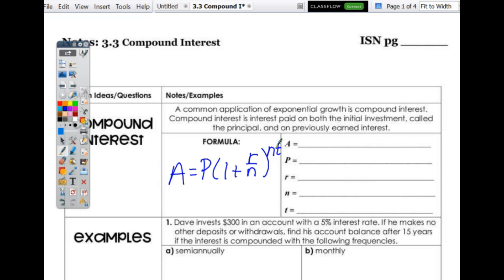So the good thing about this is one application of how we use exponential growth and decay. The first application we're going to look at is compound interest, where the A stands for the total, or your final balance.